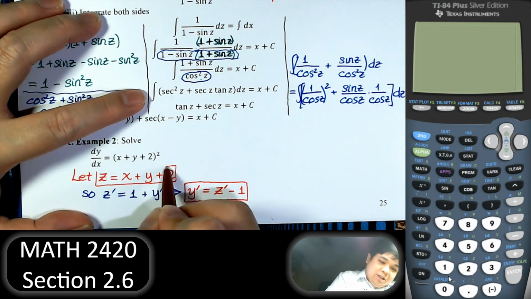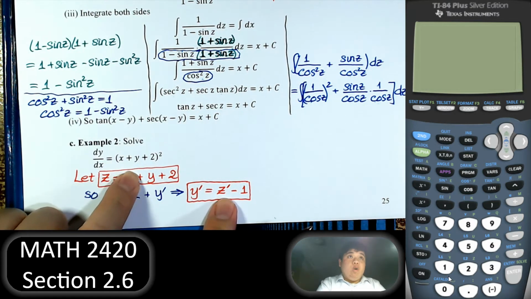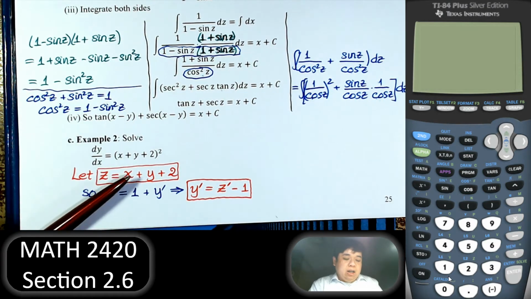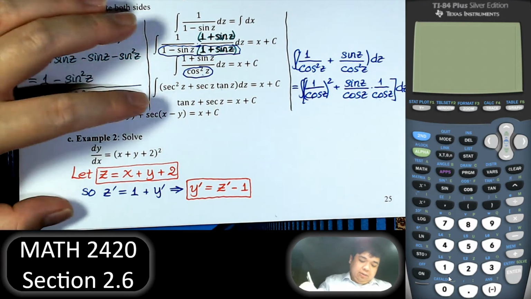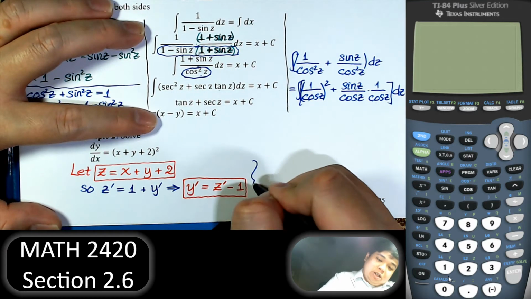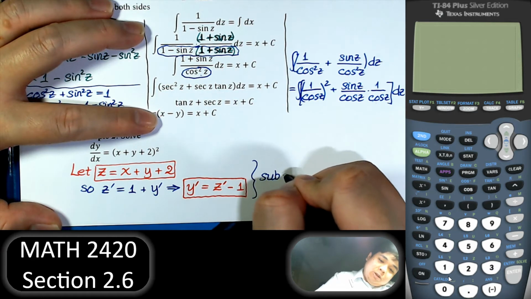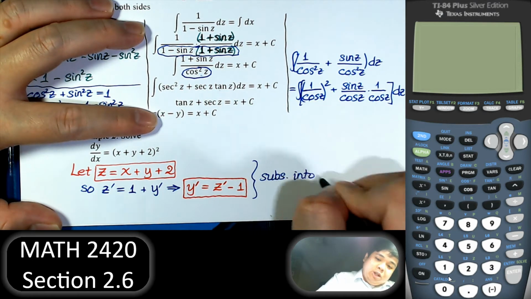Right? So with that substitution, y prime equal to z prime minus 1. Substitute both of them into this equation. So substitute into the original equation.